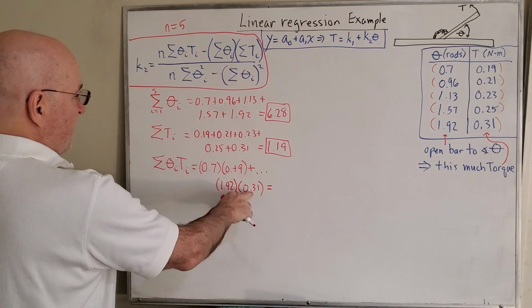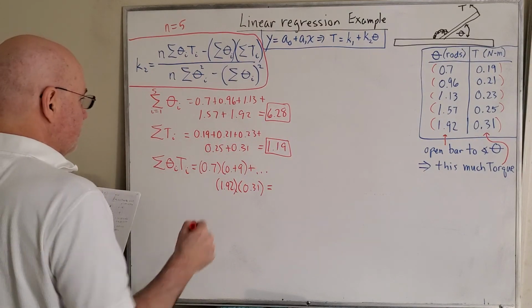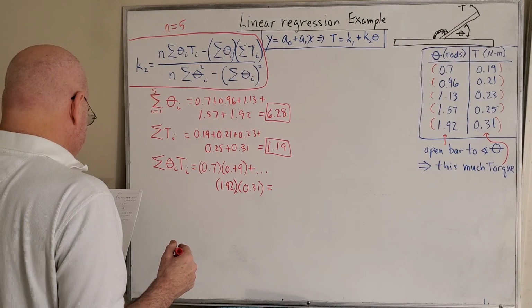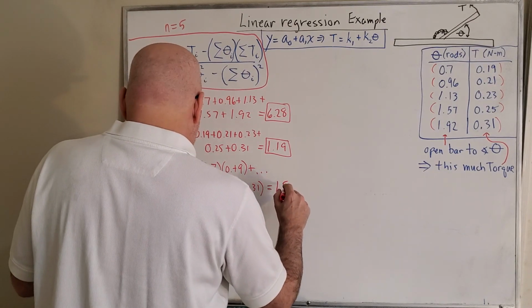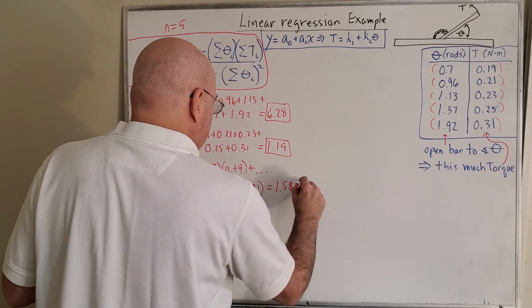So I only have the first product and the last product. I left the three products in the middle, just in the dot, dot, dots there. And I get 1.5822.